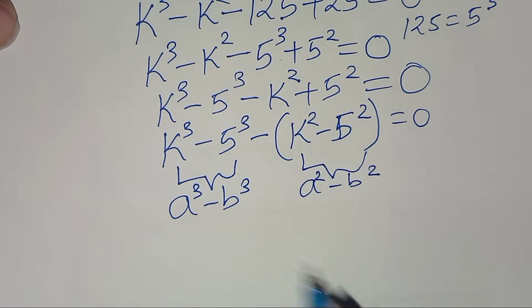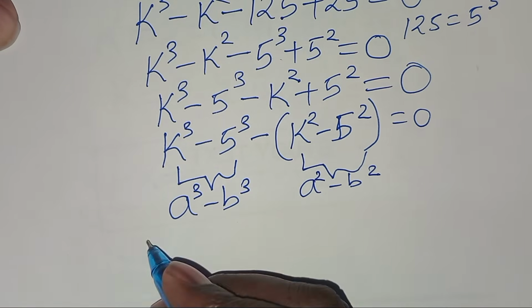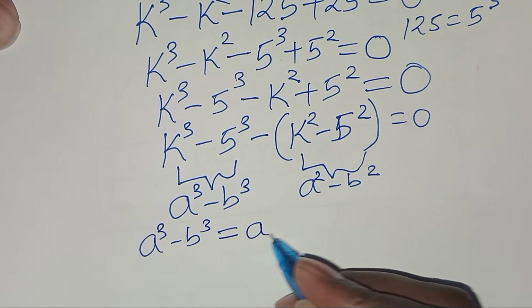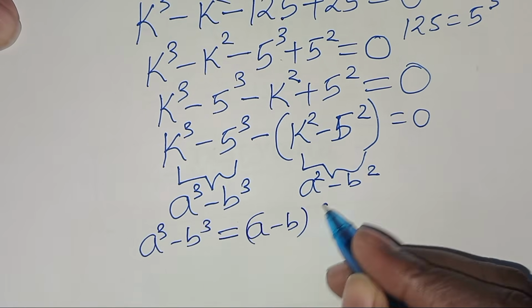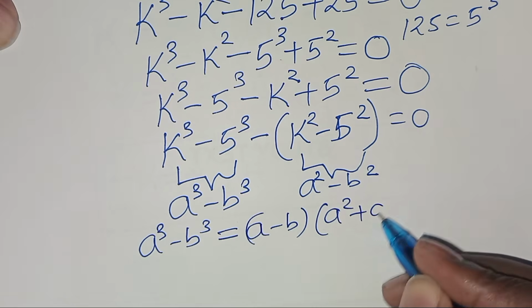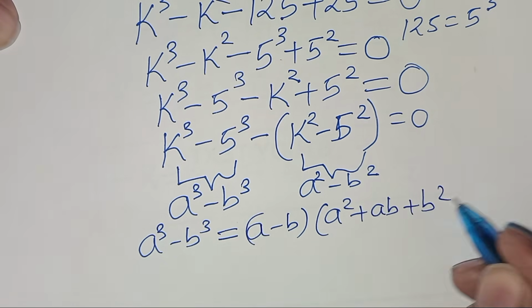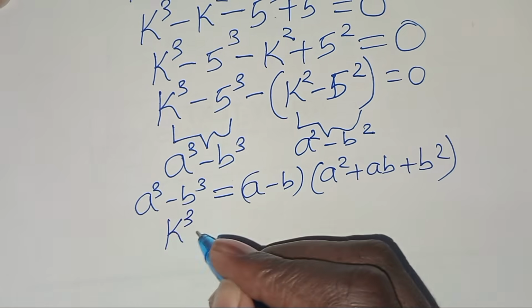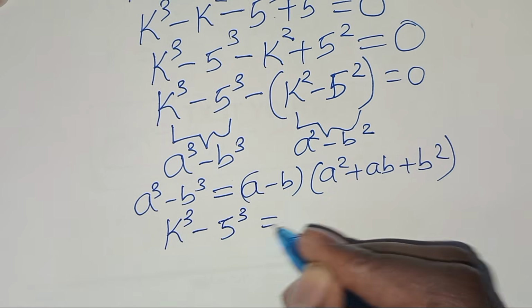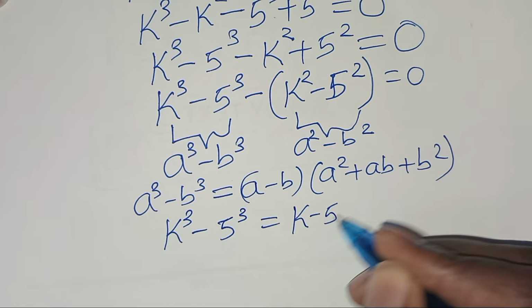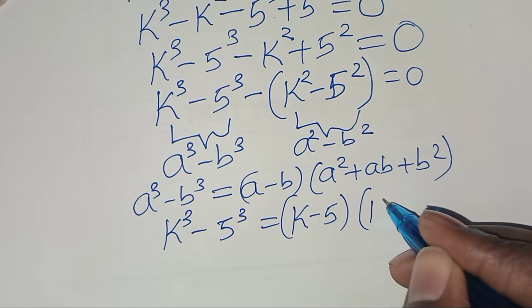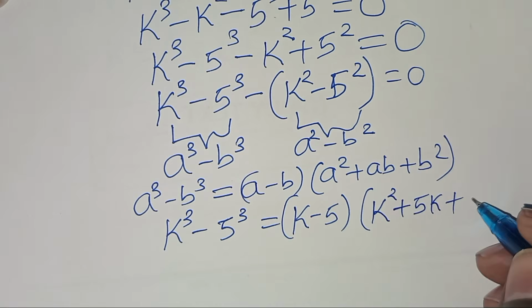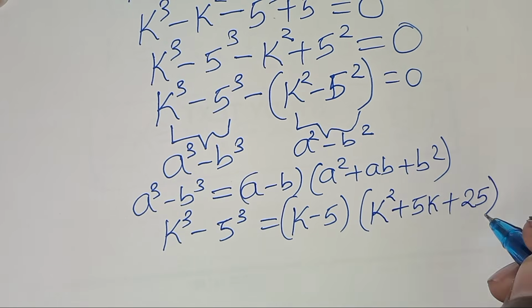Okay, so let's solve the first part, a cubed minus b cubed, which we can express as a minus b, a squared plus ab plus b squared. Therefore, k to power 3 subtract 5 to power 3 is the same thing as k subtract 5, then k squared plus 5k plus 5 squared, which is 25.